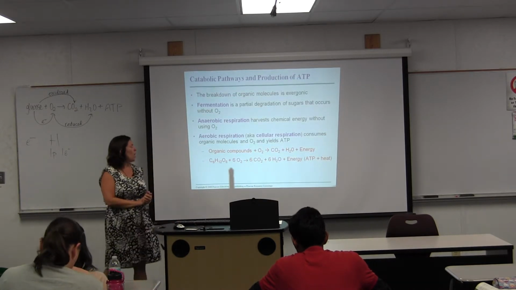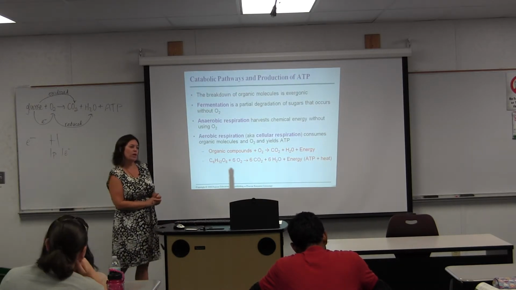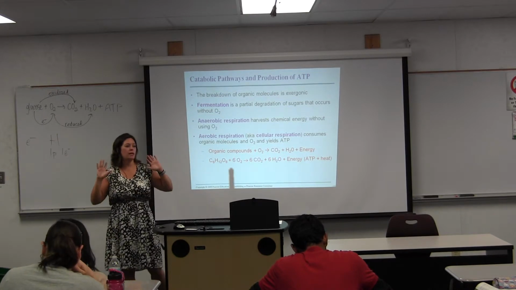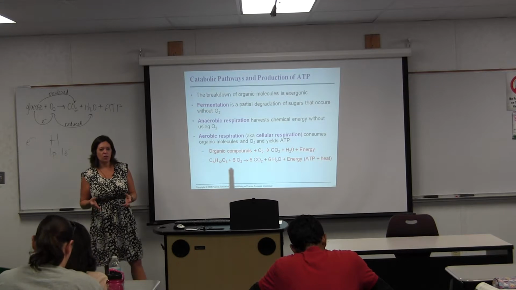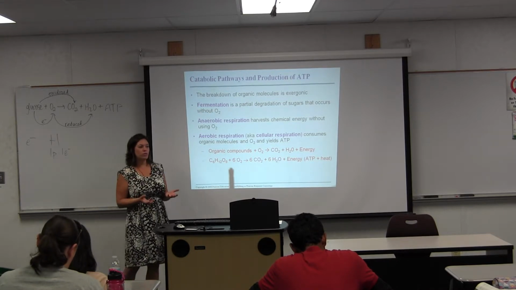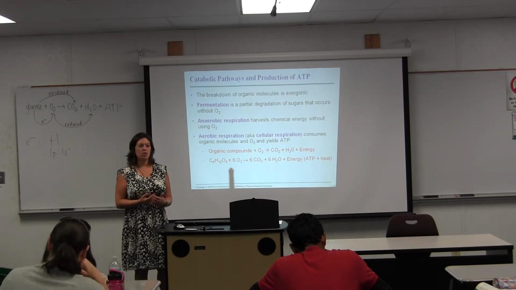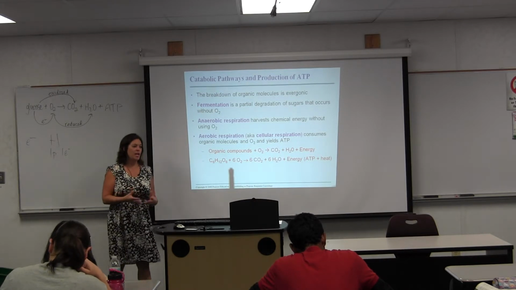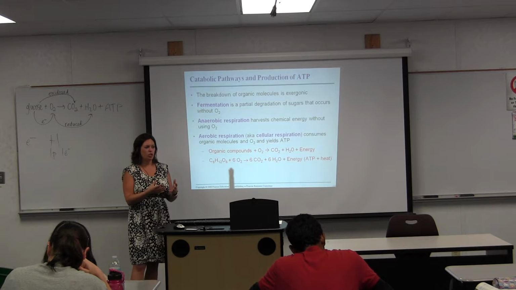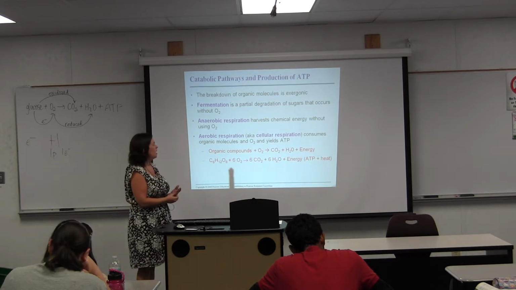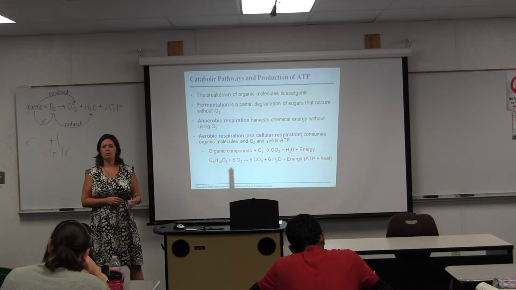Okay, so there's several different types of ways that organisms can make energy or make ATP for themselves. And so we actually use both types. Our primary way of gaining energy is through cellular respiration, and another term for cellular respiration is aerobic respiration.